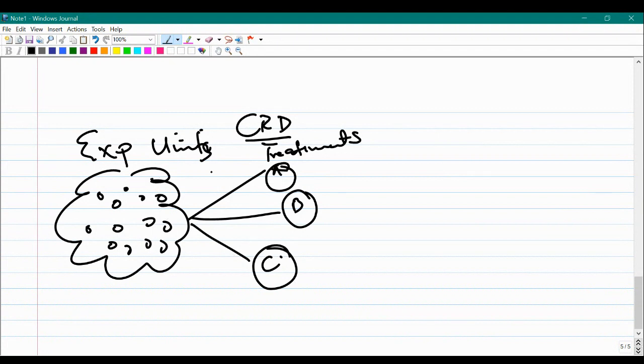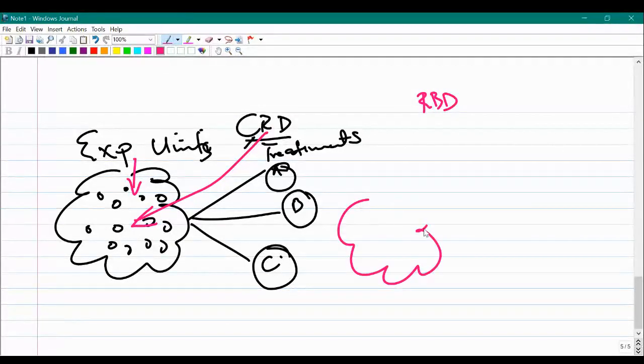For CRD, you apply randomization from the experimental unit, because these are the experimental units. That's where you do the randomization. So for CRD, randomization is done from the experimental unit, while for randomized block design, you'll have the experimental unit.